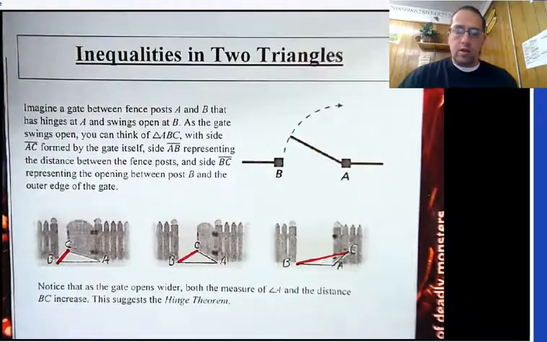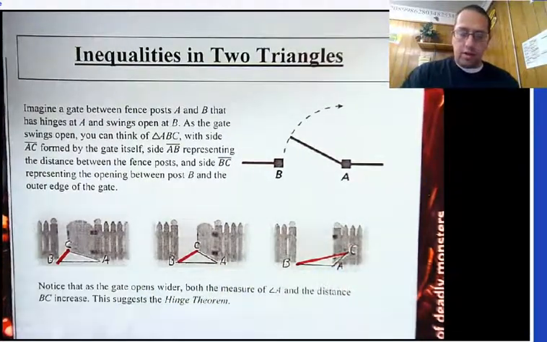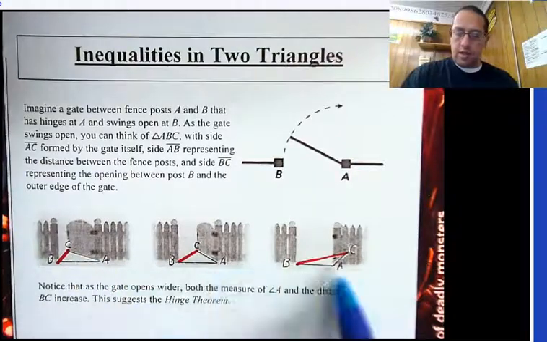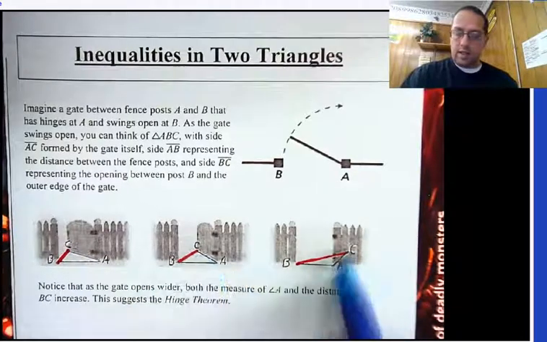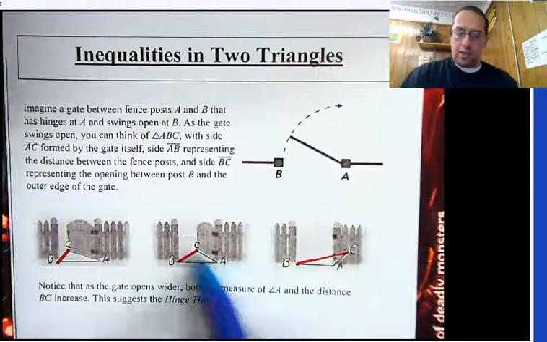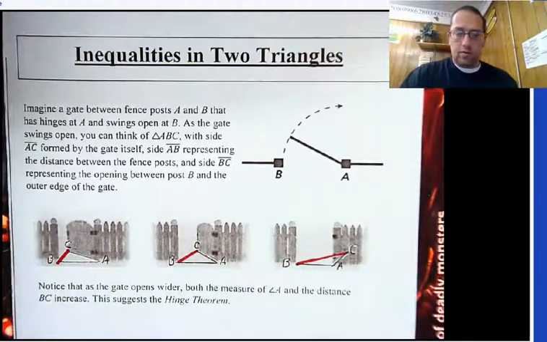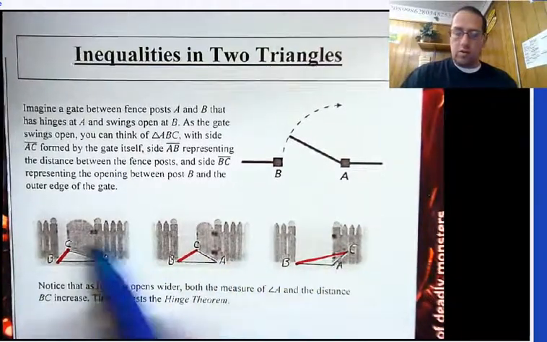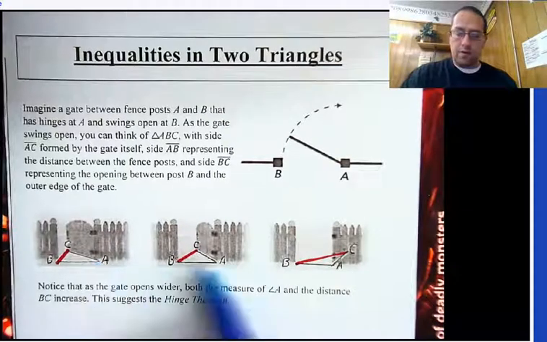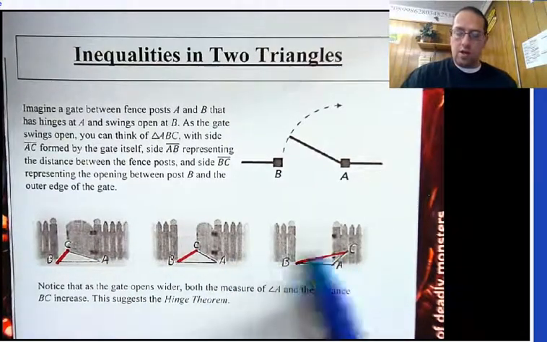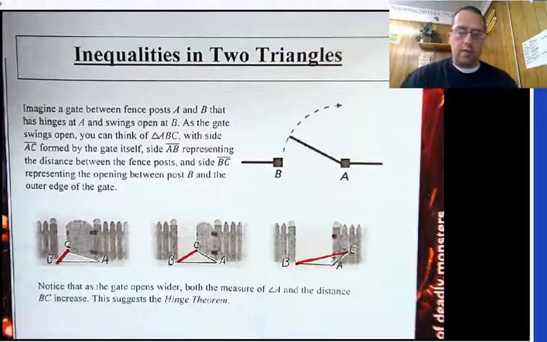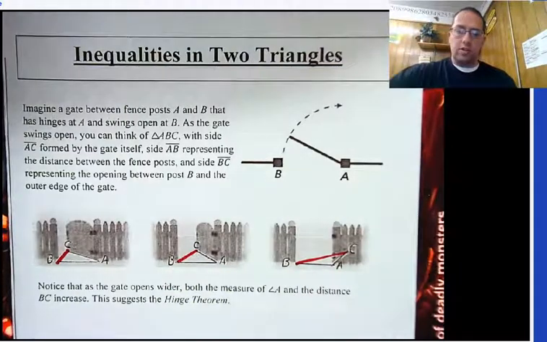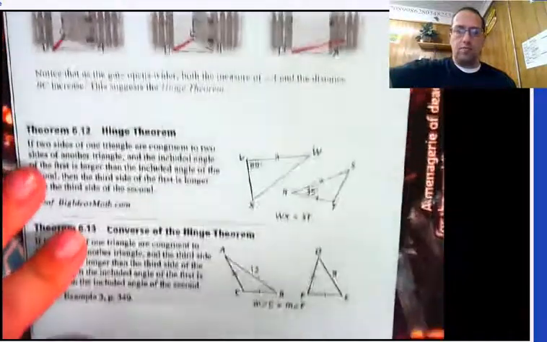And so we see here we have three different triangles. AB is the same in all of them. AC is the same in all of them. But BC is different. BC gets longer and longer the wider we open the gate. So the bigger this angle A is, the longer side BC gets, as it opens up on the hinge. And that is why we call this the Hinge Theorem.